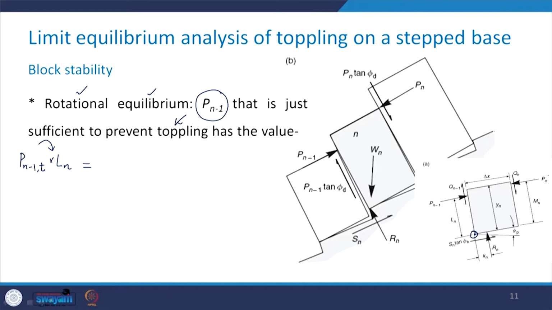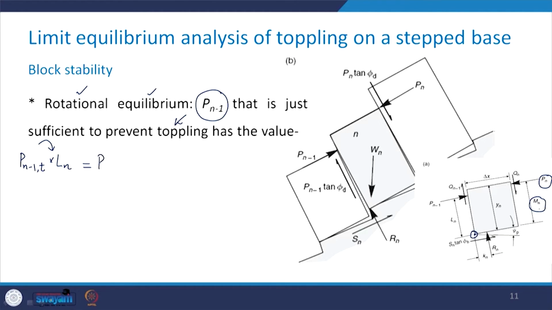see this Pn is there and it is acting at this distance of Mn, and when it creates the rotation, it is going to be Pn into Mn and it will be in the anticlockwise direction.